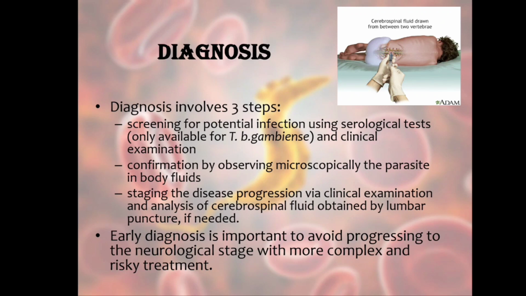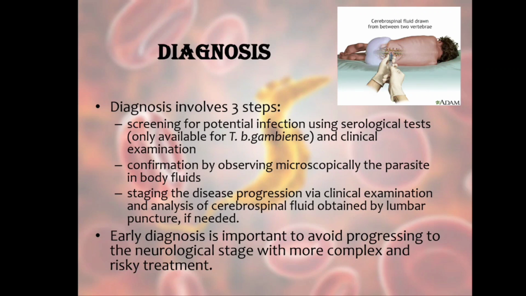Then you have the staging of the disease progression via clinical examination and analysis of cerebrospinal fluid obtained by lumbar puncture if needed. So basically the first step, you're going to use basic serum based tests, so as to screen whether the person has the chance of carrying the parasite or not.